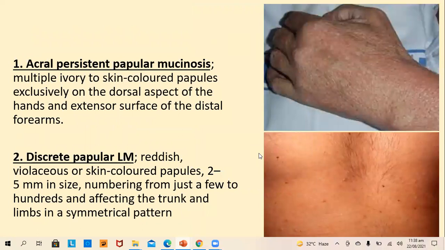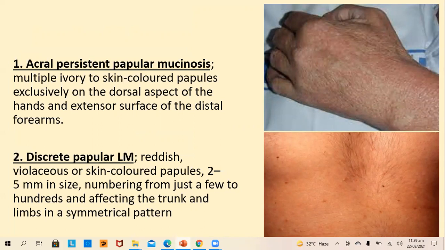The first subtype is acral persistent papular mucinosis. The name describes the clinical feature. There are multiple ivory to skin colored papules exclusively on dorsal aspects of hand or extensor surfaces of distal forearms.